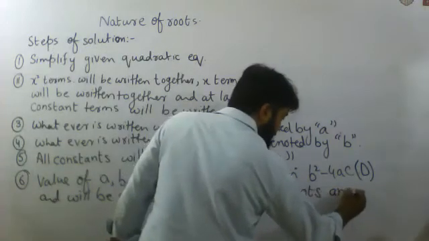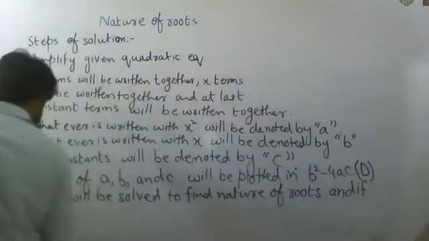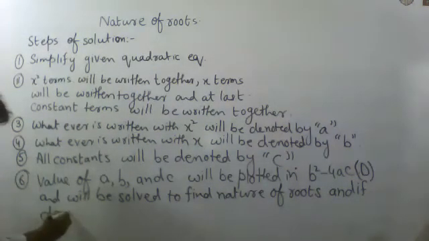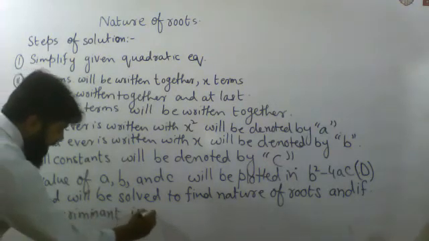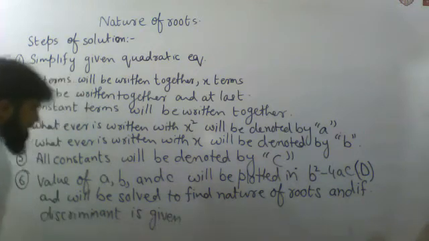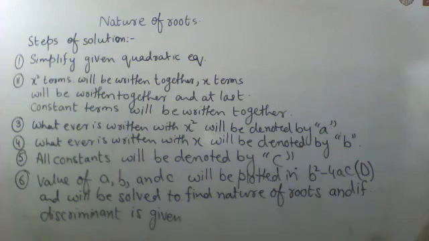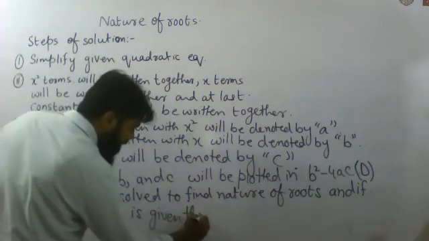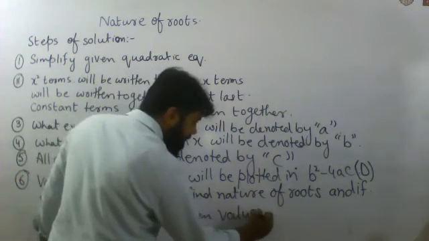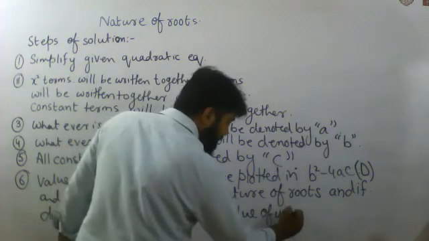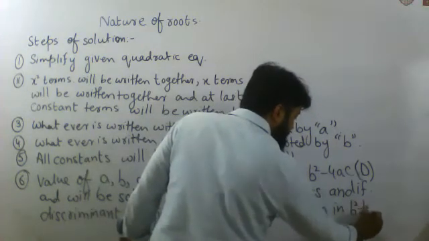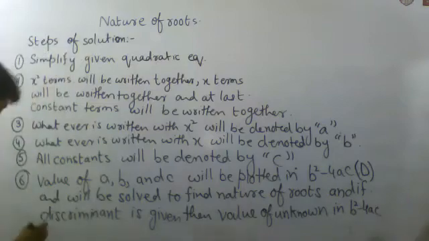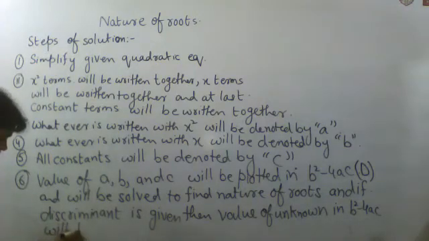and if discriminant is given, if they would have already told us what the discriminant is coming, so we will use it, then value of unknown in b square minus 4ac will be found.